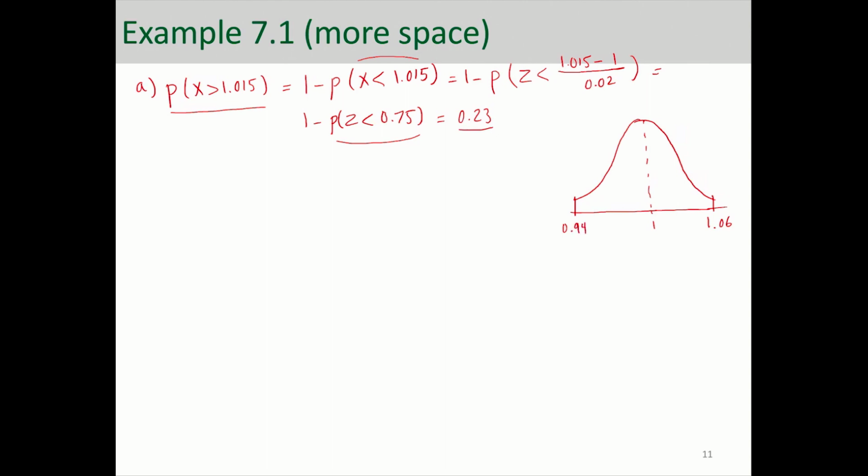And 1.015 is essentially, let's say, here. What we did here is we calculated this area, and since the entire area under the curve is 1, this portion is 0.23, which makes sense.